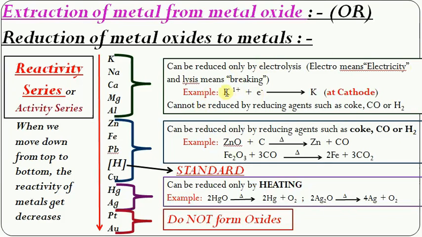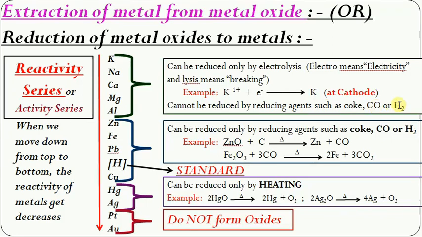For example, let us say potassium or sodium, magnesium. The metal oxides, potassium oxide, sodium oxide, calcium oxide, magnesium oxide, aluminium oxide cannot be reduced by conventional reducing agents like coke, carbon monoxide and hydrogen.